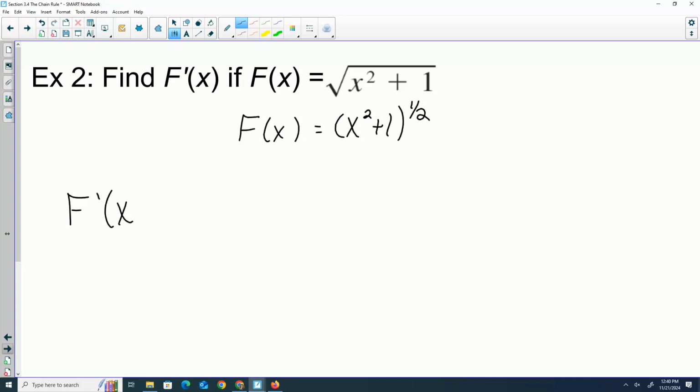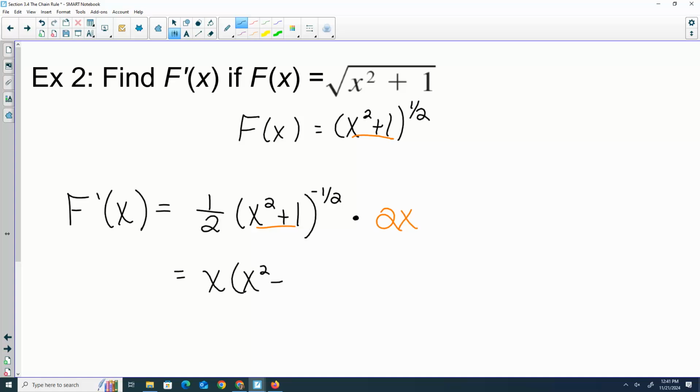So for the derivative, you start on the outside. The outside is the 1/2 power. So the exponent comes down. Inside does not change. Subtract 1 from the power, 1/2 minus 1, times the derivative of the inside, which is 2x. 1/2 times 2x, which is x, times x squared plus 1 to the negative 1/2.